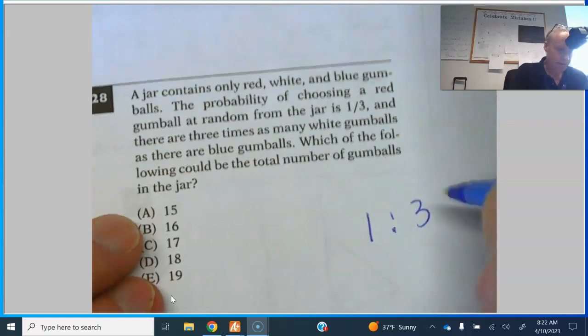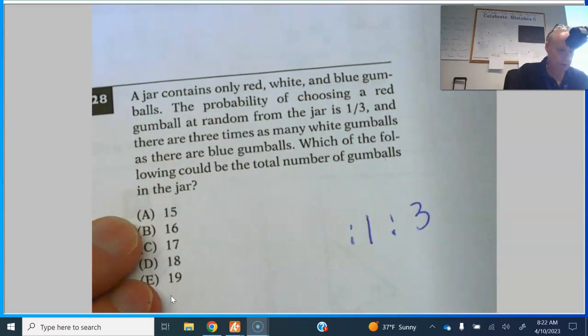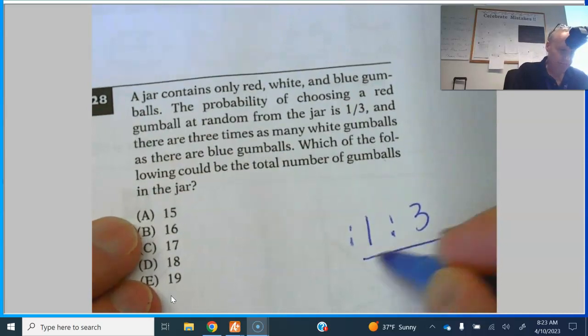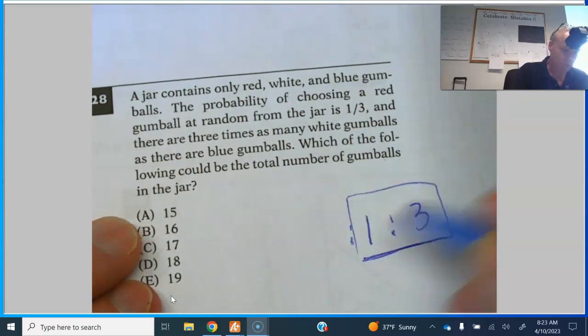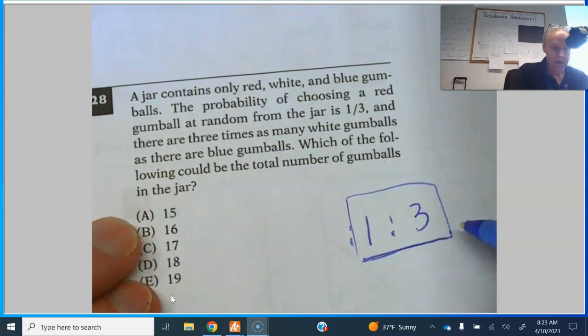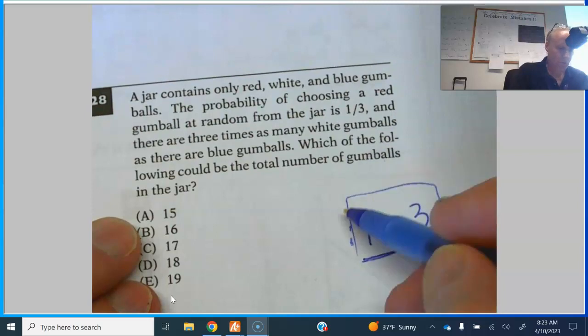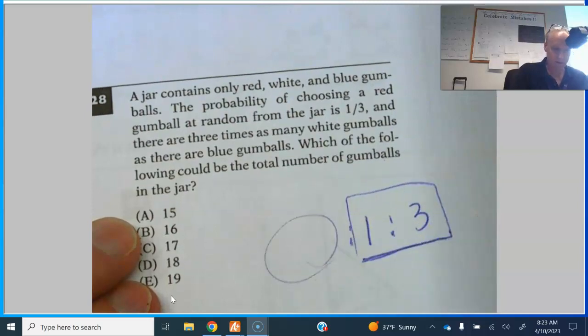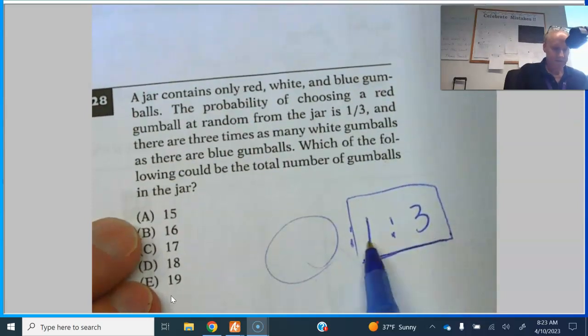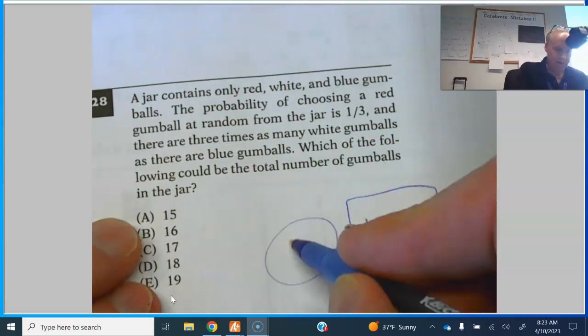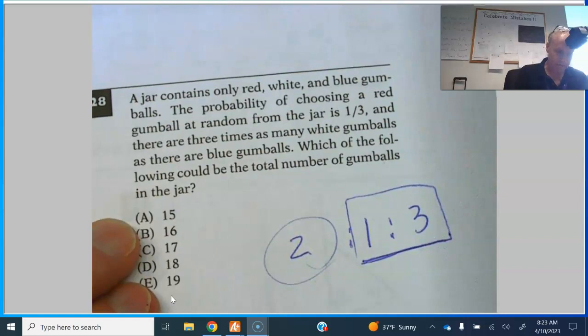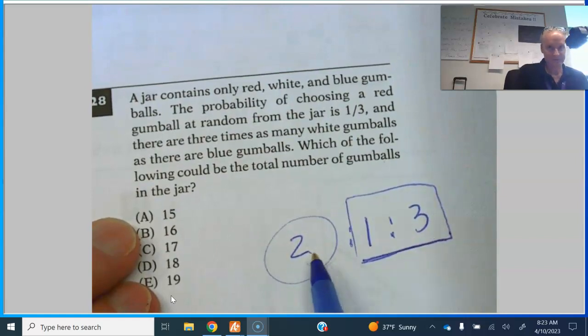The other thing you've got to remember is that there are 4 parts of blue and white, and they have to add together and give you 1/3 for red. So if this adds together to be 4 parts, to get 1/3, you have to have 2 parts red. Hopefully this makes sense.